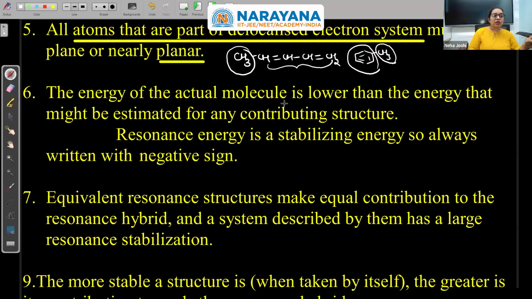The energy of the actual molecule is always lower than the energy that might be estimated for any contributing structure, always, because resonance energy is a stabilizing energy and is conventionally written with a negative sign. Now, why is it lower? Because whichever resonating structure you draw, it is going to be a fixed location, a fixed set of bonds. You will draw a Lewis dot structure only, in which the bonds are fixed and the electrons are localized.